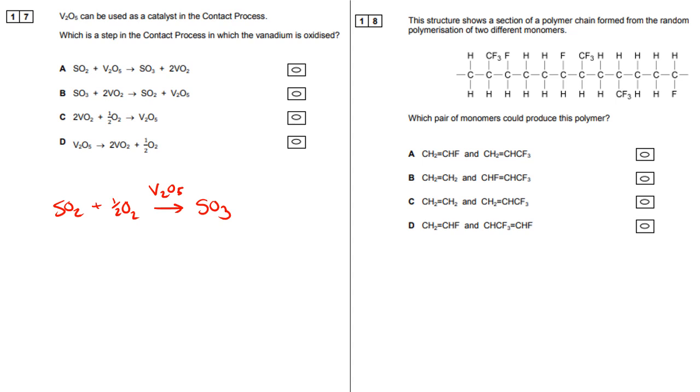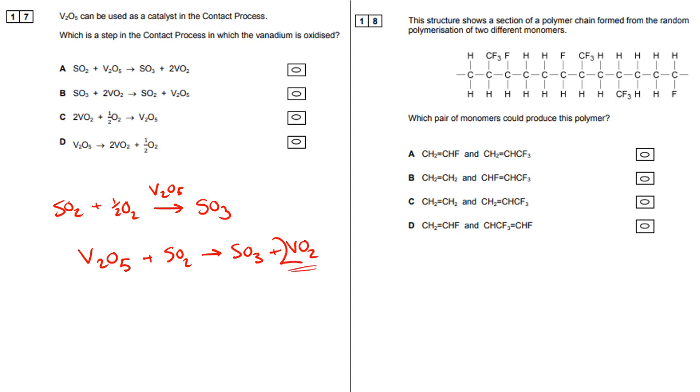Your V2O5, again this is just a couple of equations you have to learn, will react with SO2 to produce SO3. We then get an intermediate formed, which is VO2.